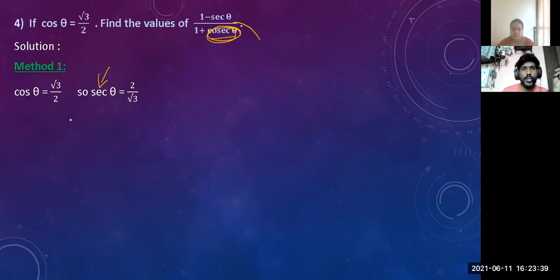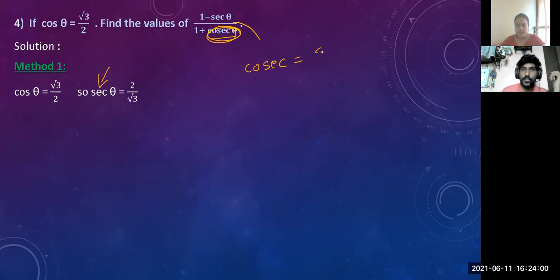Can you tell me how to find cosec theta? Think about it first. Cosec is the reciprocal of sine.